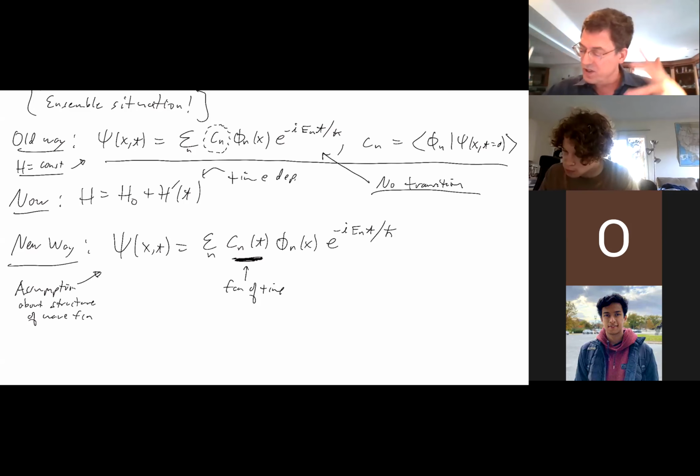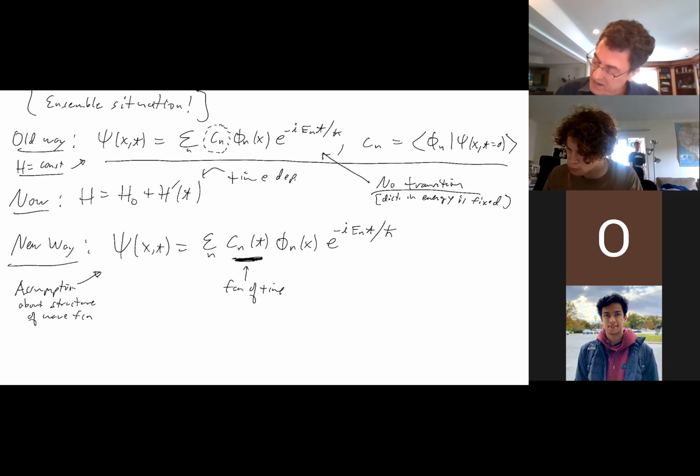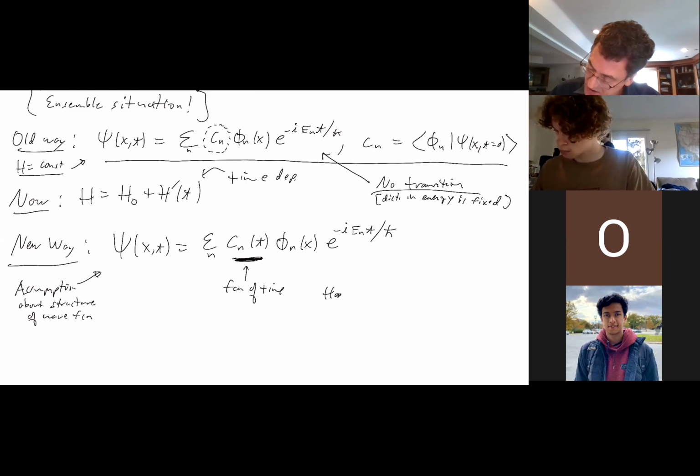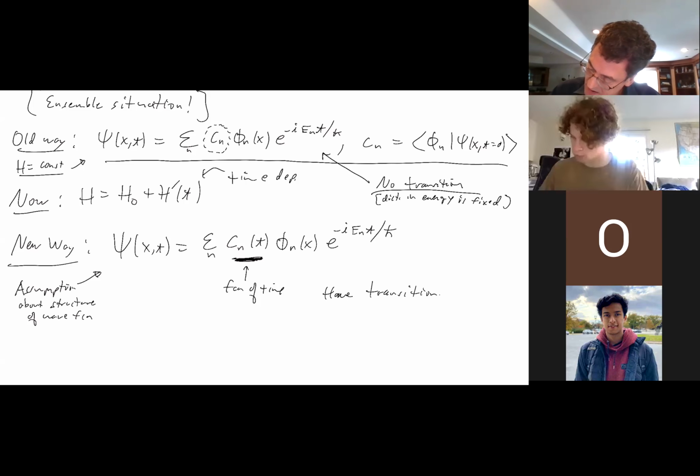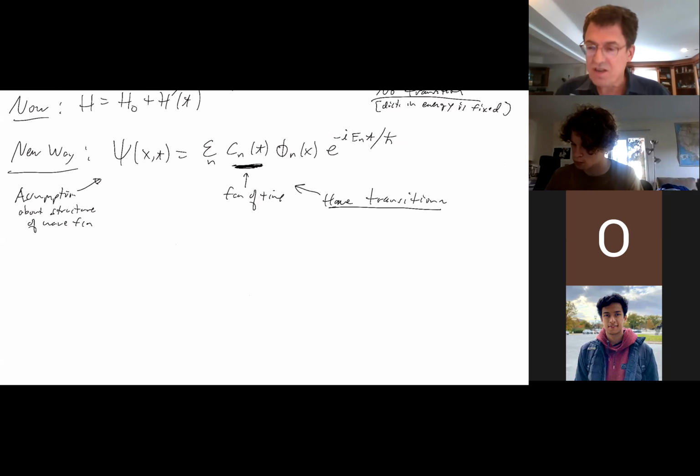The distribution in energy is fixed. And in the new way we have transitions. Because you have to ask yourself, what does a transition even mean?